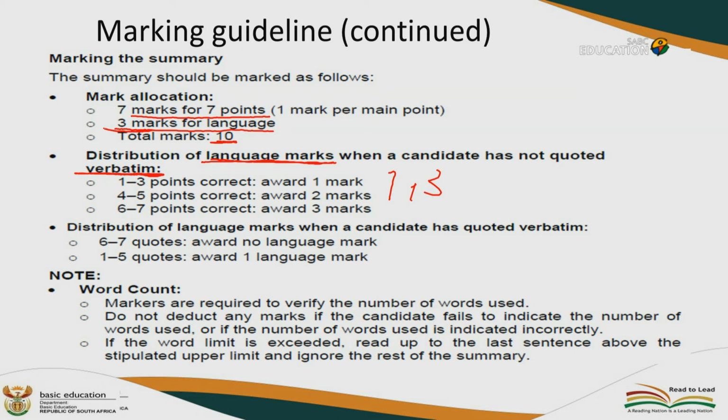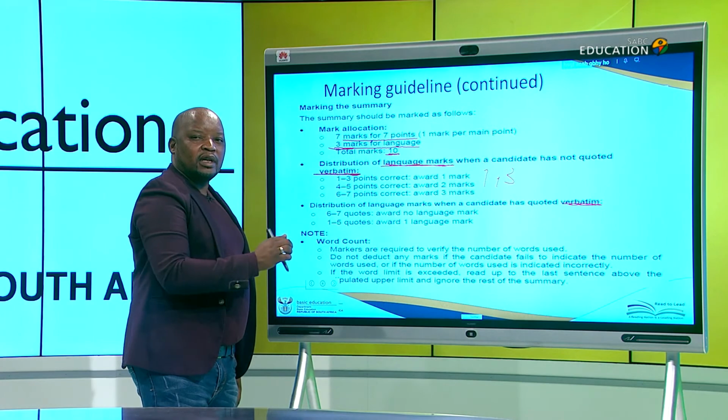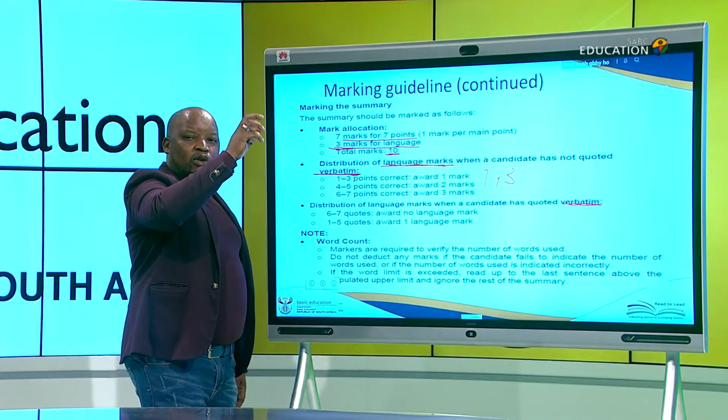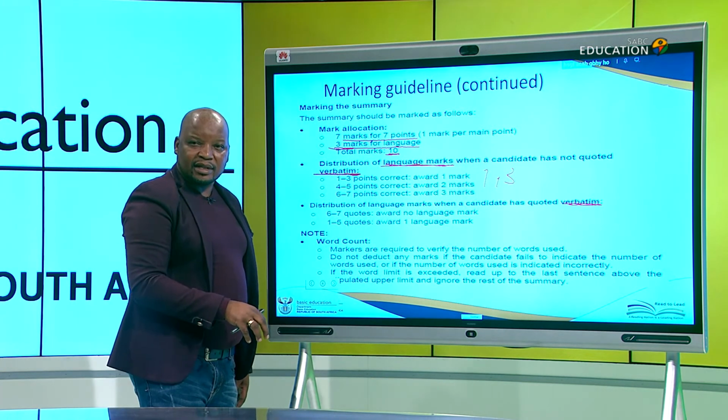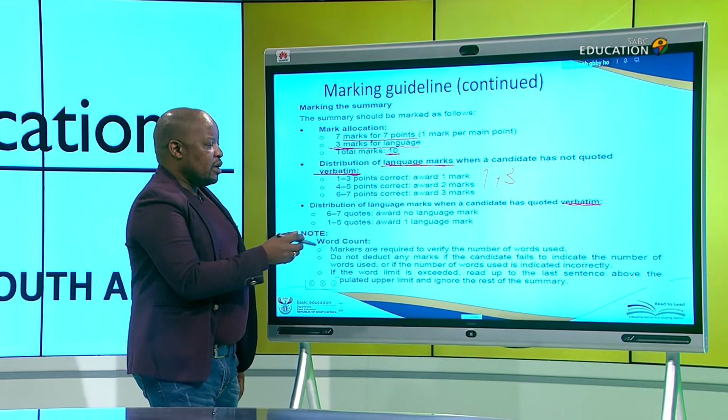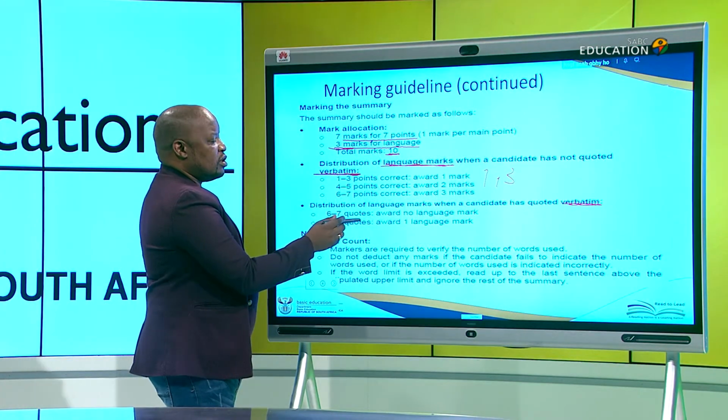Distribution of language marks when a candidate has quoted verbatim, word for word. Remember the 6 to 7 quotes? I'm talking about taking the sentences or the facts as they are and putting them down in your answers. You took them as they are. 6 to 7 quotes are what?